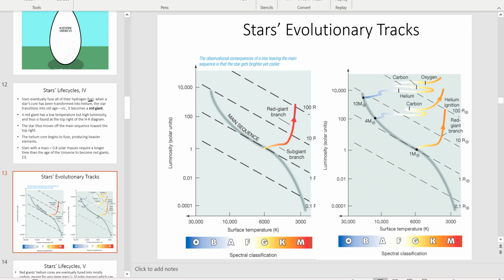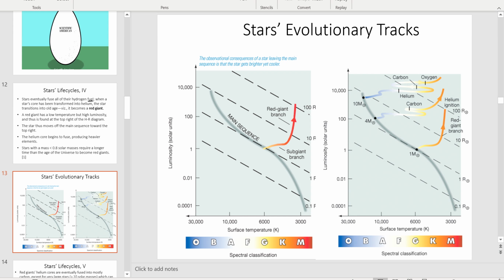Let's discuss the evolutionary track of stars on the HR diagram. Hopefully you remember the HR diagram. This is a depiction of stars in a 2D plot by categorizing stars via their luminosities and surface temperatures. That's what I was trying to say, not very articulately.